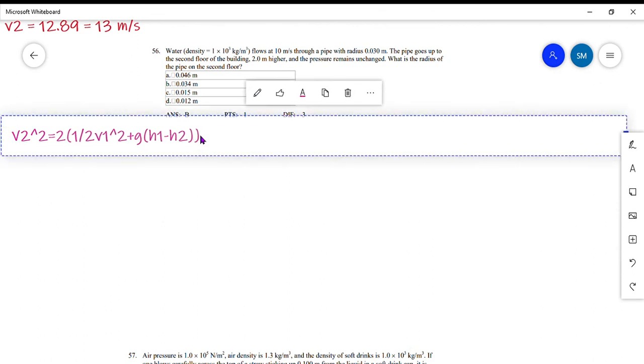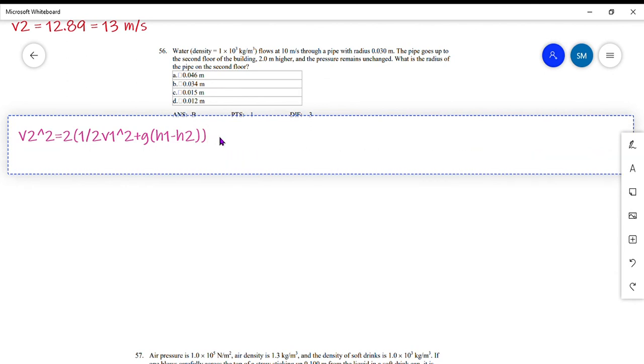Let us substitute in this rule to find v2 power 2 simply equal to v1 power 2. He gave us the givens. v1 is simply equal 10 plus the gravity, which is 9.8.